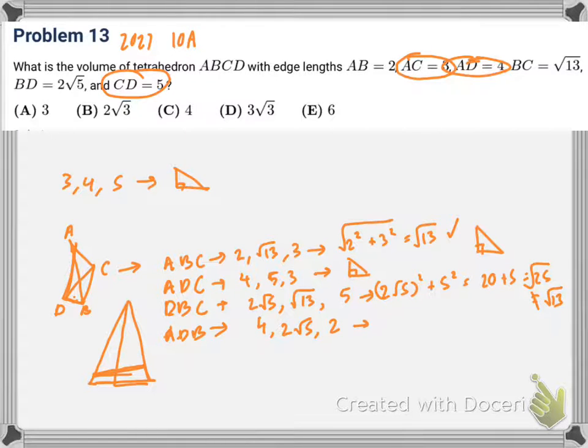All right. 4 is bigger than the other two, so I'm going to do 2 root 5 squared plus 2 squared. And the square root of that is going to be square root 24, which is not equal to 4. Okay, so I've seen that I have 2 right triangles in here, and that actually simplifies our calculations a lot.